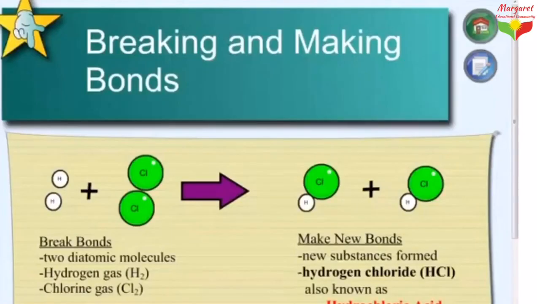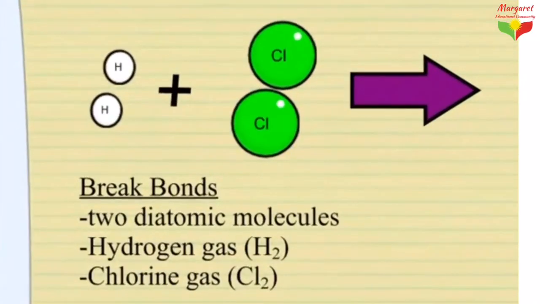So, breaking and making bonds. This is just a visual to show you that a chemical reaction is basically breaking bonds to reform bonds. In this particular example, we start off with two diatomic molecules, hydrogen gas and chlorine gas, H2 and Cl2. We mix them together and rearrange them, giving them different patterns.